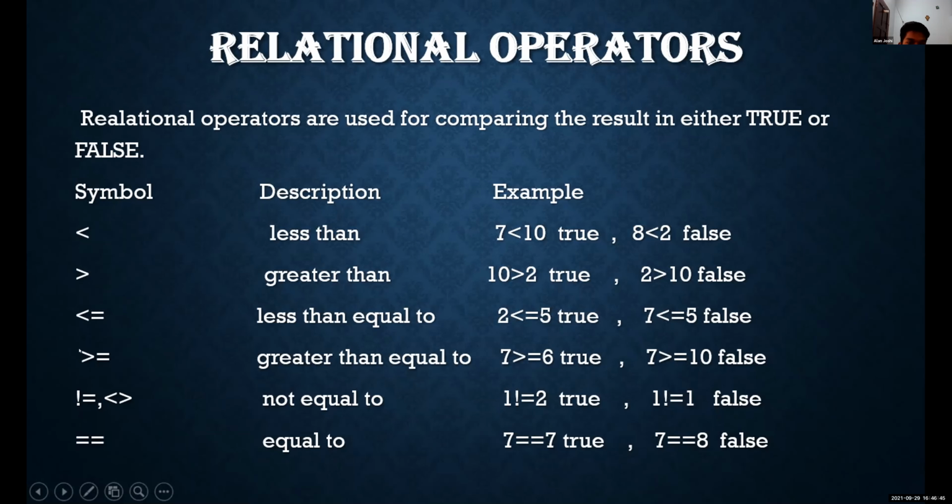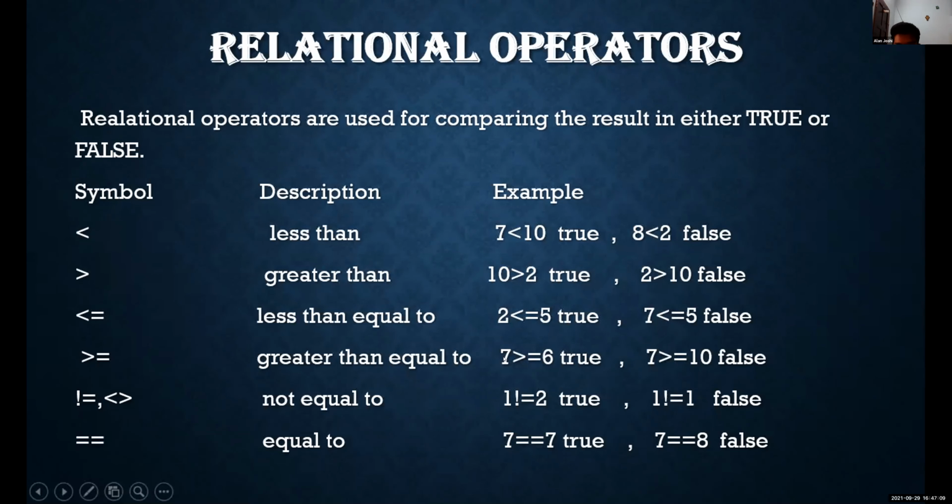Less than or equal to: here we are checking either one. 2 <= 5 is true. And 7 <= 5: 7 is not equal to 5 and 7 is not less than 5, so it is false.